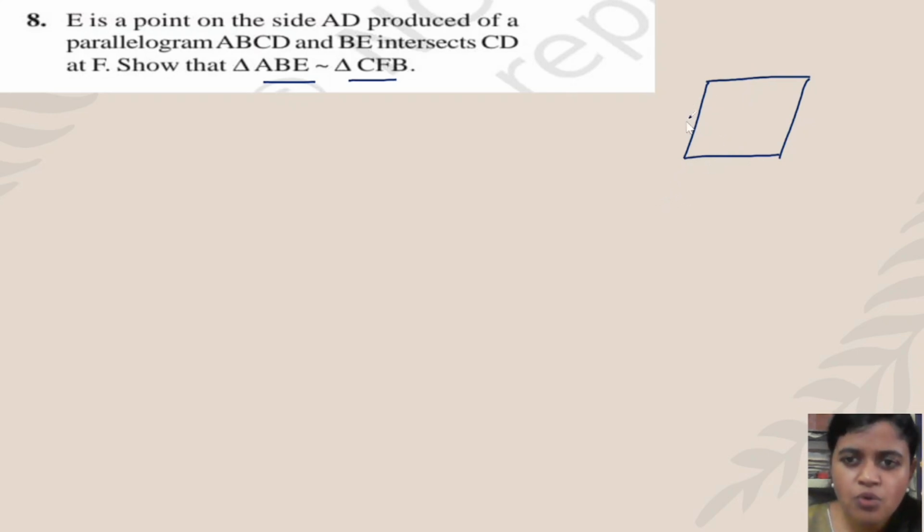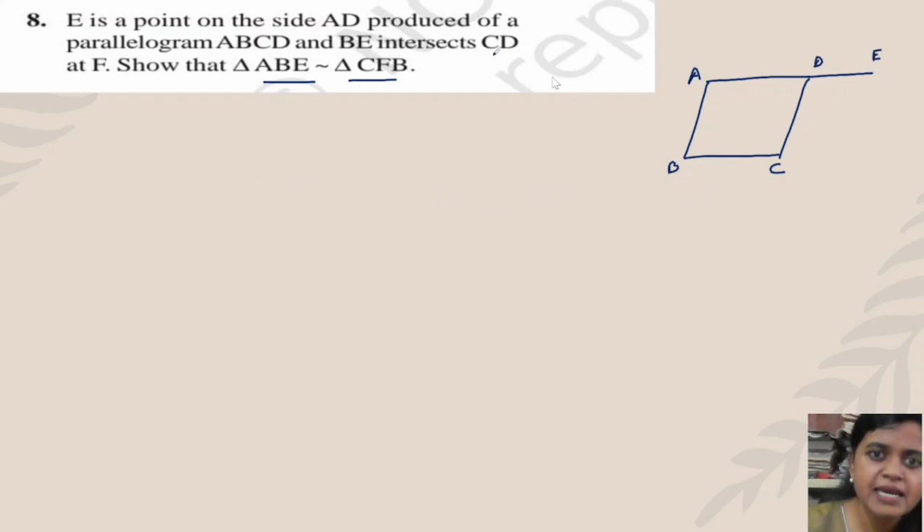So we have to take care of this figure. So like A, B, C, D, and this is my order A, B, C, D, and I will write AD intentionally here because you have to produce AD to plot the point E.